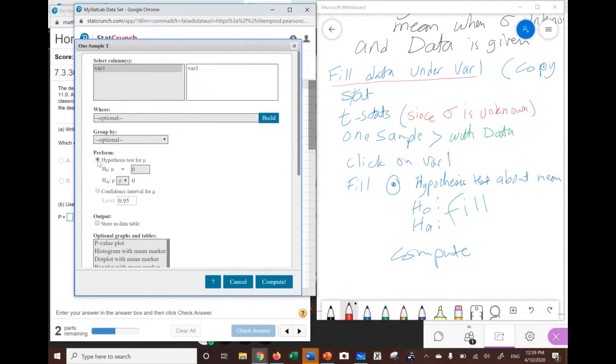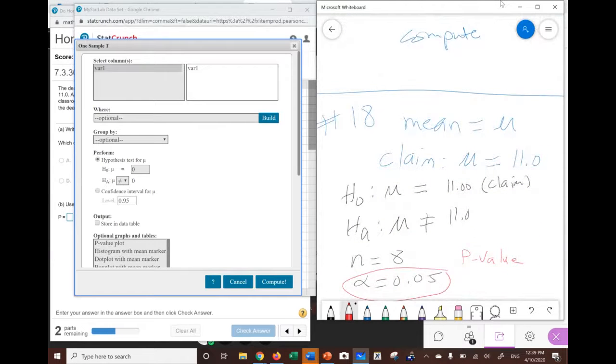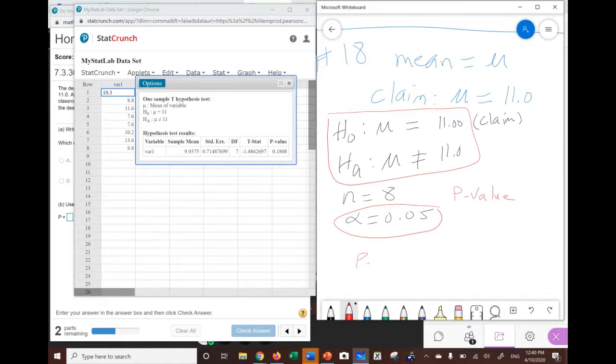Now we come down to the test, and we make the test match what we have here. This is our hypothesis: H naught equals 11, and HA is not equal to 11, and compute. The p-value in our problem is listed at the end of the list, which is 0.1808.